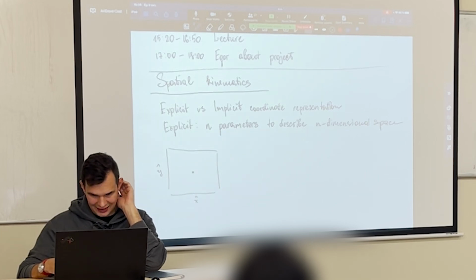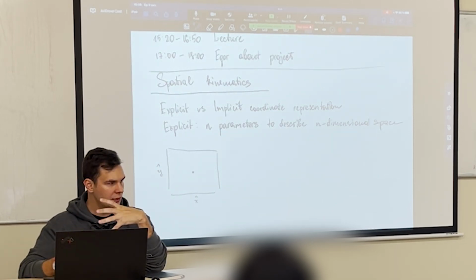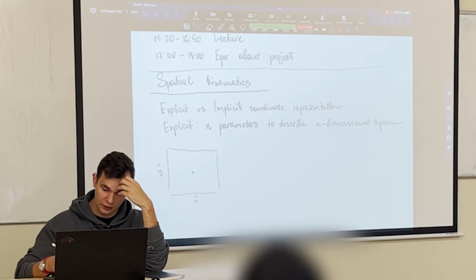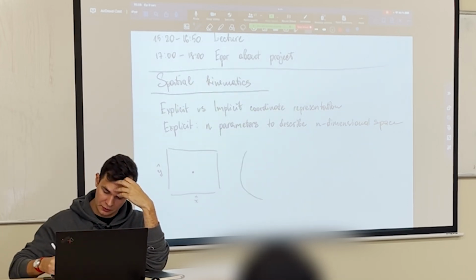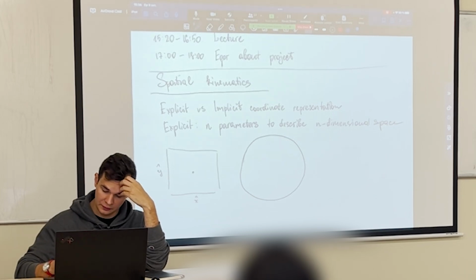But if we take a look not at the plane, but at a surface, for example, a sphere, like a 3D sphere, like a globe.